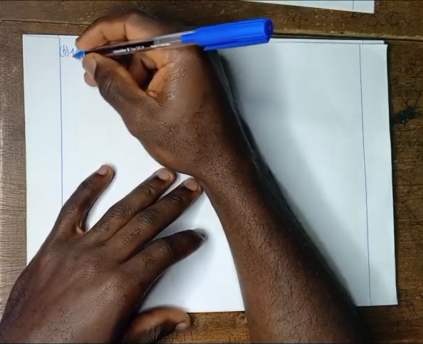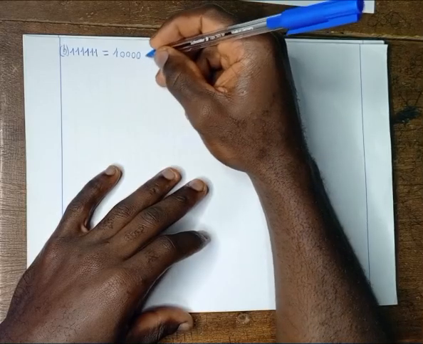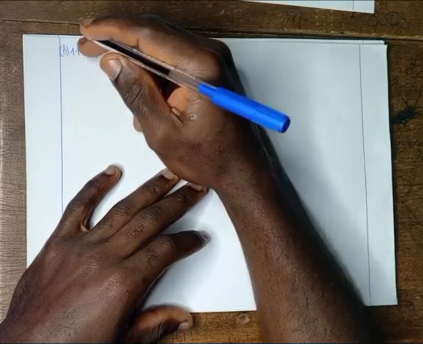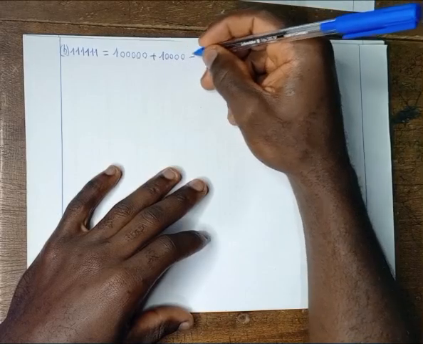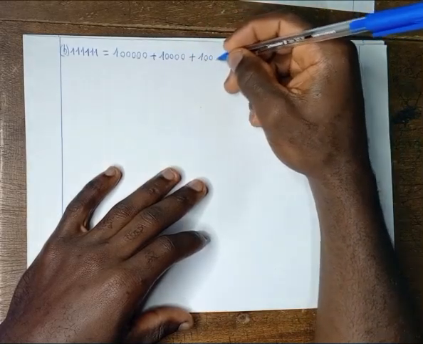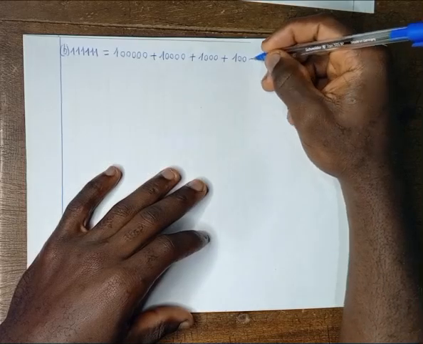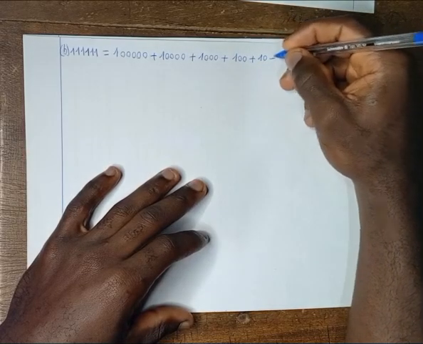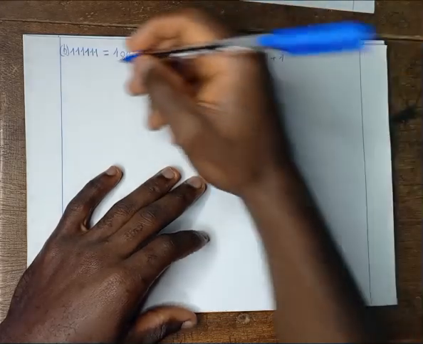This will simply give us the first one has a value of 100,000 plus the second one has a value of 10,000. The next has a value of 1,000. The next has a value of 100. The next has a value of 10, and the last one has a value of 1 unit.